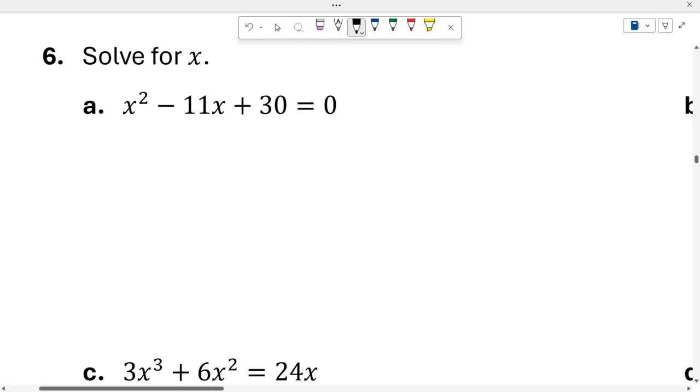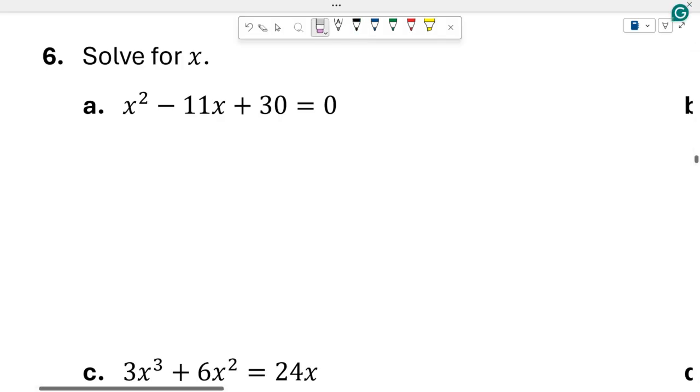All right, 6a. 6a says x squared minus 11x plus 30 equals 0. This is a fairly straightforward quadratic equation, all right? And when you're solving a quadratic, especially when your coefficient on x squared is a 1 like this, I would encourage you to check and see, can you factor this?